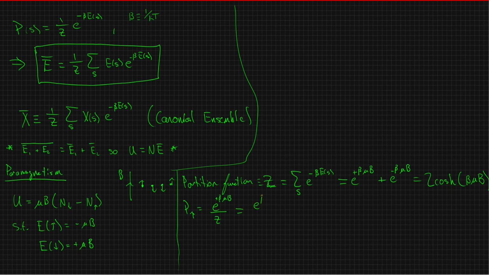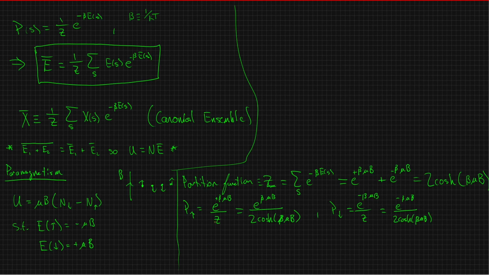So it'll be e to the beta mu B over 2 cosh of beta mu B. P down, just do the same kind of stuff. E to the minus beta mu B all over Z. E to the minus beta mu B all over 2 cosh beta mu B.